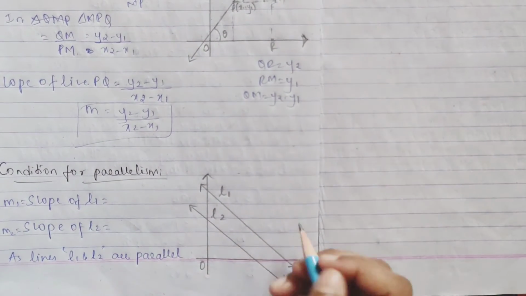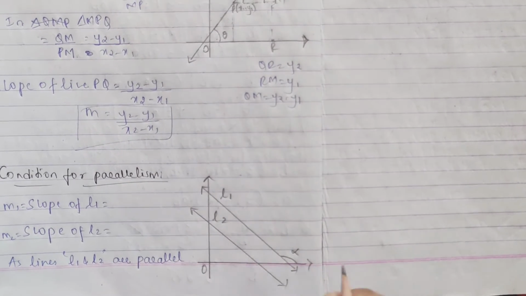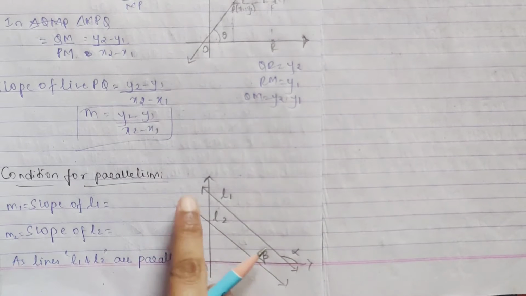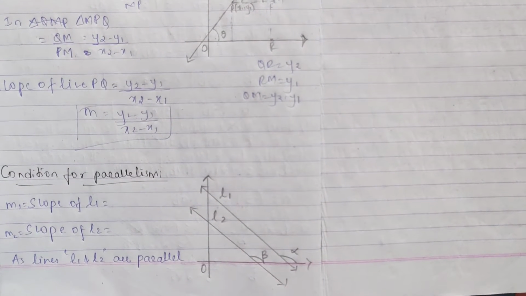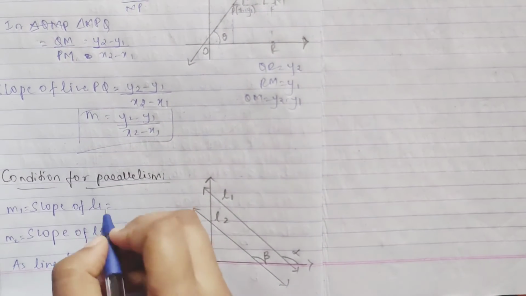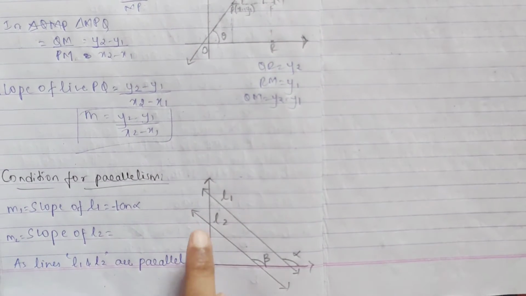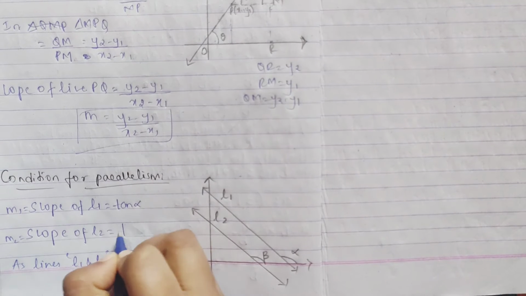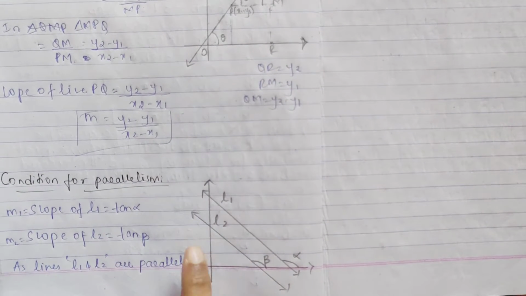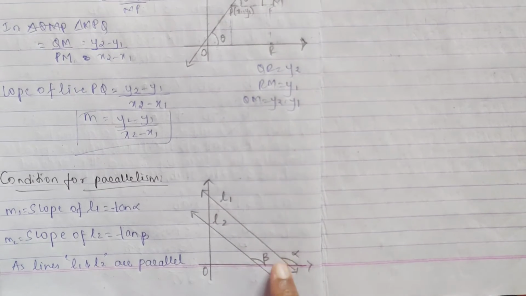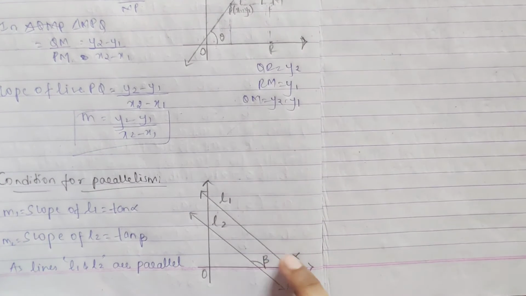Suppose L1 makes angle alpha and L2 makes angle beta. So the slope of L1 is tan alpha, which we call m1, and the slope of L2, m2, is tan beta. Here these lines are parallel, so the angles they make are equal.